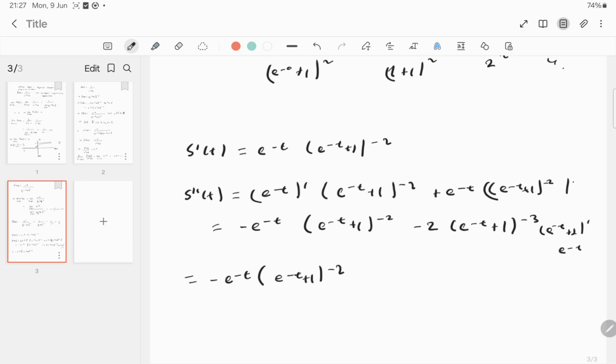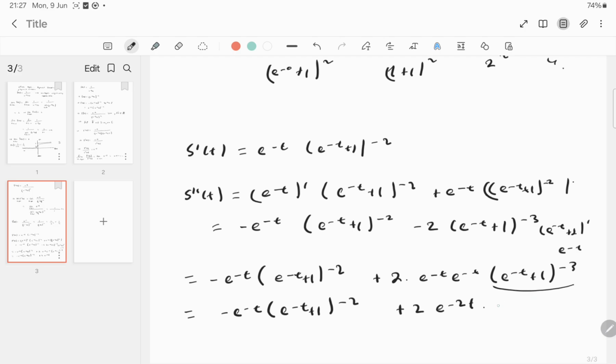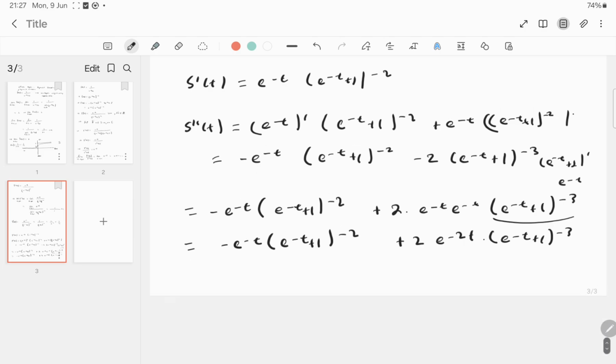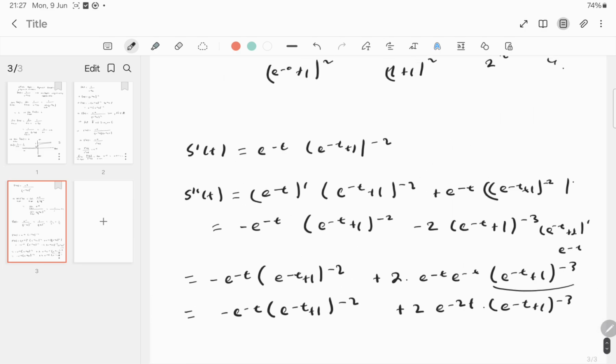So the derivative of that is going to be 2 times e to the minus t, e to the minus t, e to the minus t plus 1 to the power of minus 3. Here is going to be e to the minus 2t times this term here. That's the second derivative of the function.